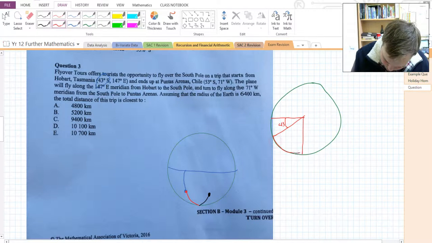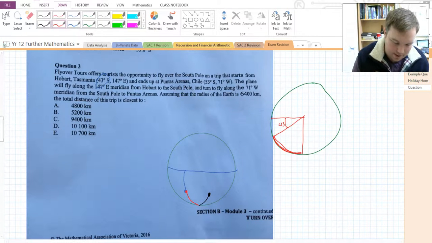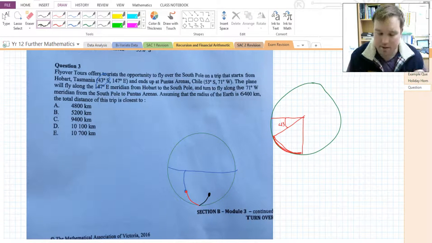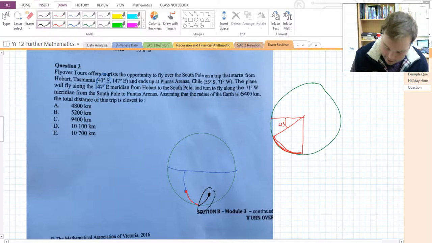So there's that portion there. And then they turn, but because they're going up another side, really, we can imagine it as almost on the same circle. They turn, and then this black portion here heading up to Chile is them going from the South Pole, flying up until they're 53 degrees south.